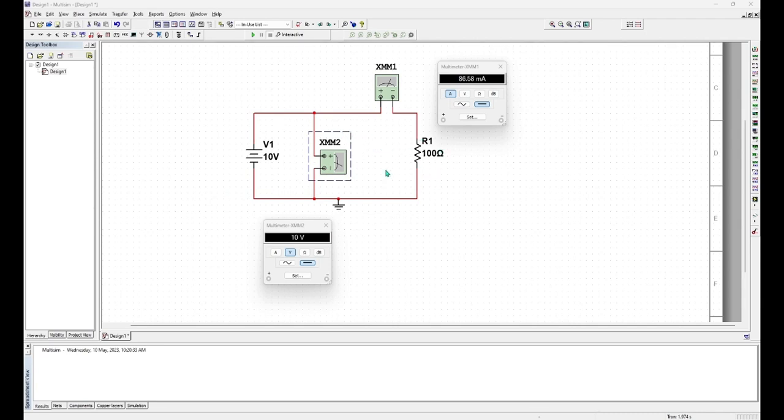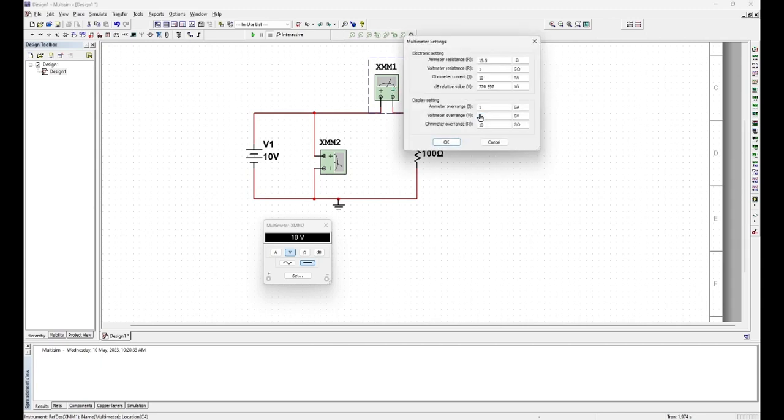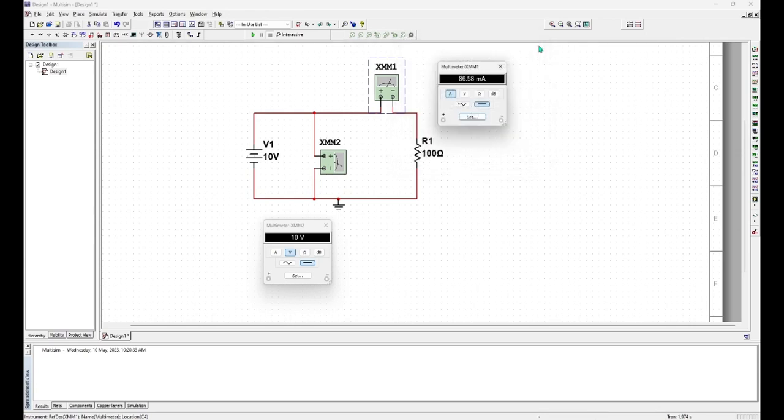So we need to set up the emitter with an emitter internal resistance of 15.5 ohm, and the voltmeter and the source.